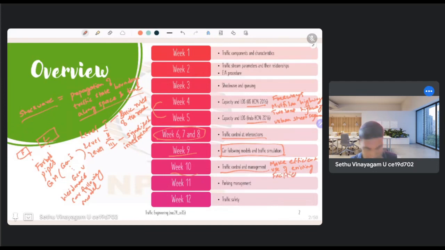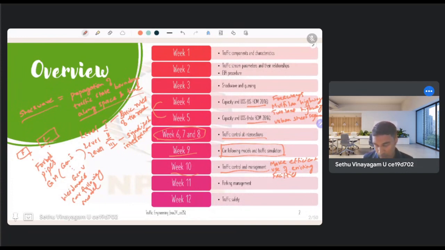Because the funding and capital required for new infrastructure is higher for traffic systems, and also the space available for building new facilities is limited, right? So we are trying to make optimal use of whatever facility is already available before we try to build any new facilities, right? So what are the measures and techniques that we can employ for achieving that?